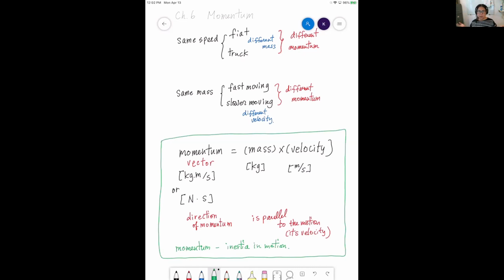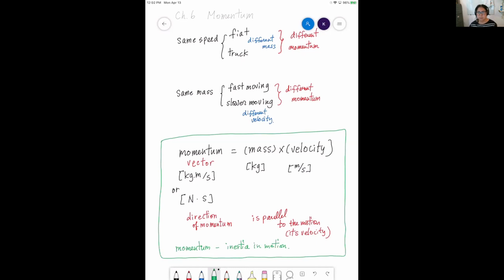We define momentum so we can describe the motion mechanics better. Momentum is mass times velocity, inertia in motion. It's a vector quantity. All right, let's look at the slides and answer some of the multiple choice questions.